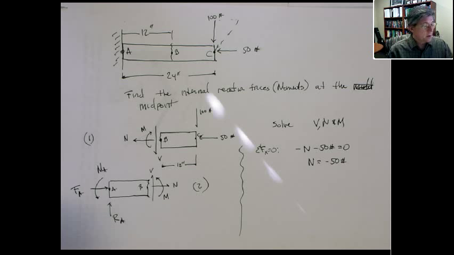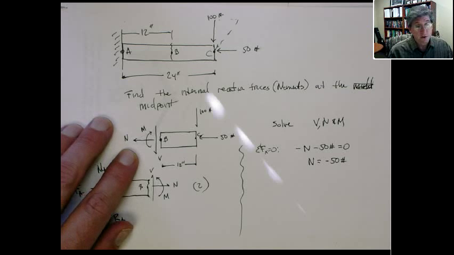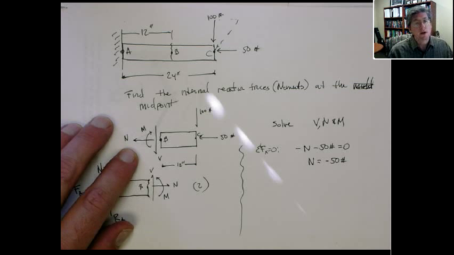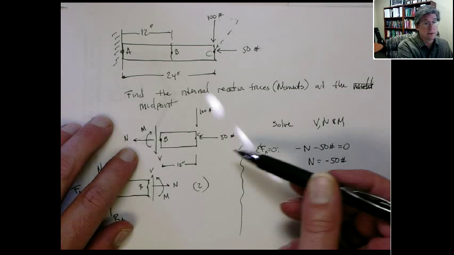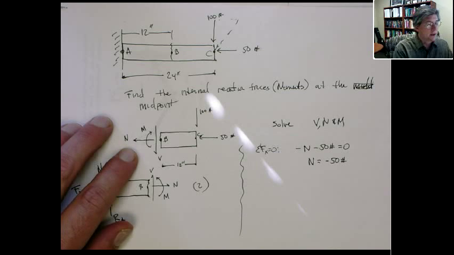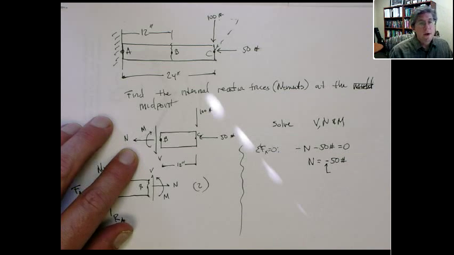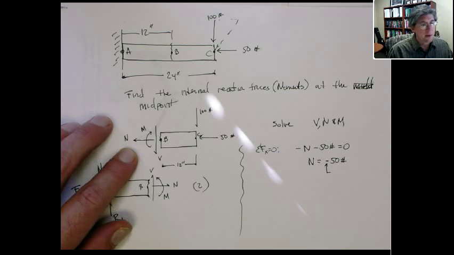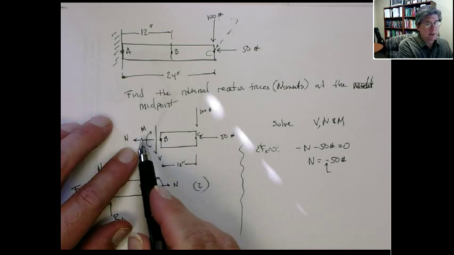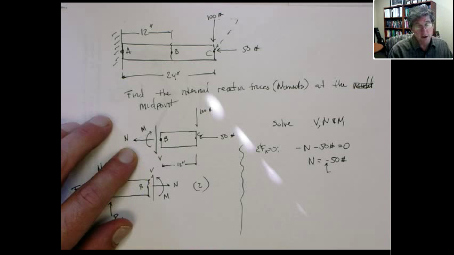People will say, well, when I draw this, N has to go in the other direction because the 50-pound force is in. Yeah, that's true. And what happens here is we got the negative sign as a result. So that means N actually is 50 pounds going in this way. So it's in compression by 50 pounds. But it doesn't really matter. For simple problems, you can look at it by inspection.